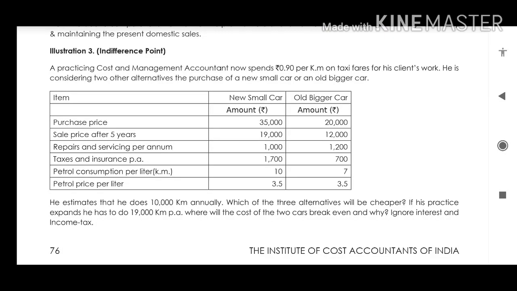Illustration 3. A practicing CMA currently spends 0.9 rupees per kilometer on taxi fares for his client's work. And they have given two other alternatives, that is the purchase of a new small car or purchase of an old big car. And they have given purchase price, sale price after 5 years, repairs and servicing per annum, taxes, petrol consumption per liter, petrol price.